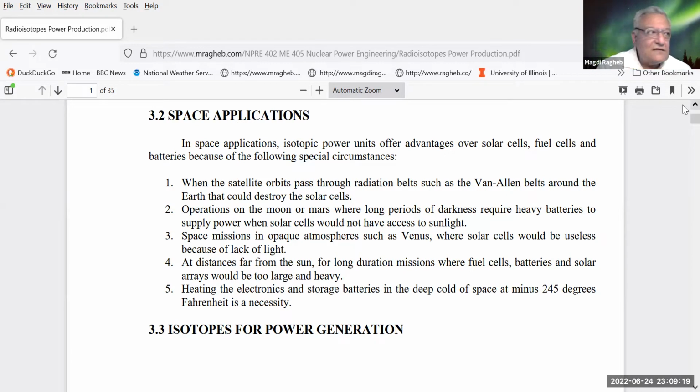So in that case, if you try to put photovoltaics close to the radiation belts, they're named the Van Allen belts, named after the persons who discovered it, and the solar cells would be destroyed. So radioactive isotopes would save the day in that case.